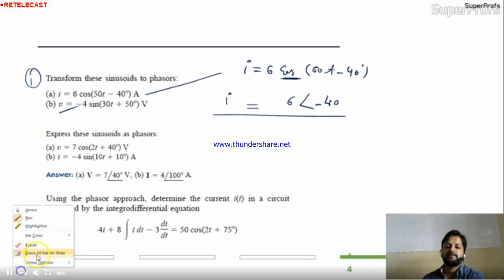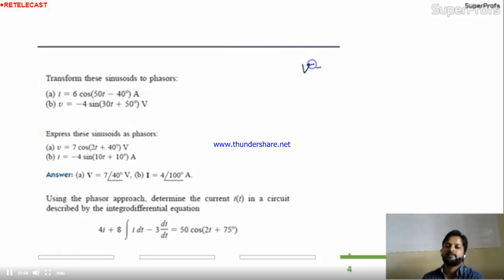Now come to part B. They are saying v equals minus 4 sin(30t plus 50). So two things are there. You should remove the minus sign first, then you should remove the sine term; you have to be with the cosine term, right?